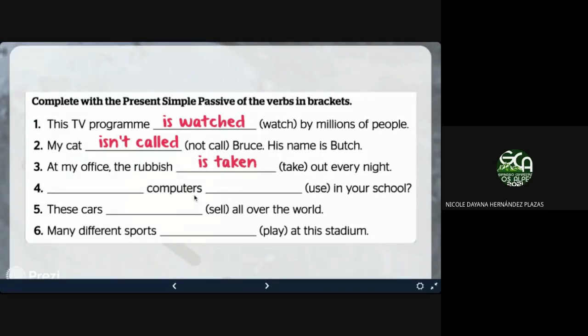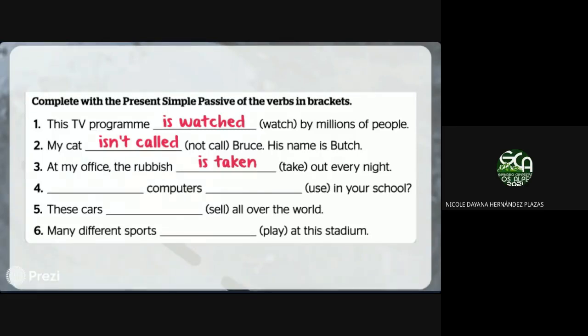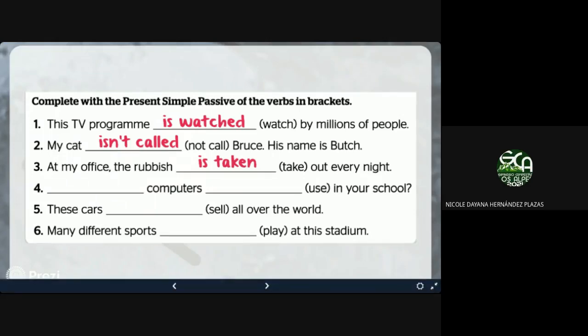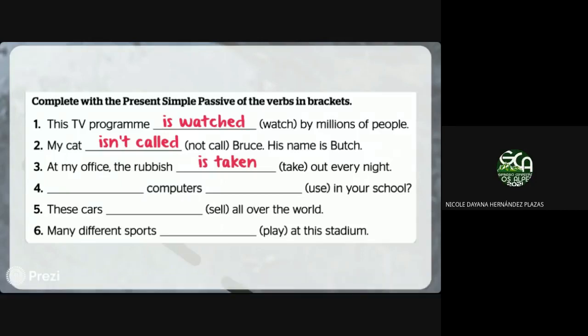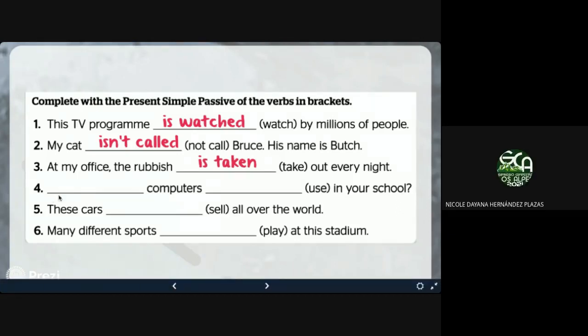Singular, plural. So Sebas, plural. If you have a lot of that, do you use is or do you use are? Oh, sorry, are. So once again, baby, please. Are computers used in your school?